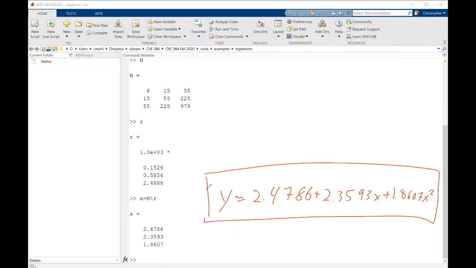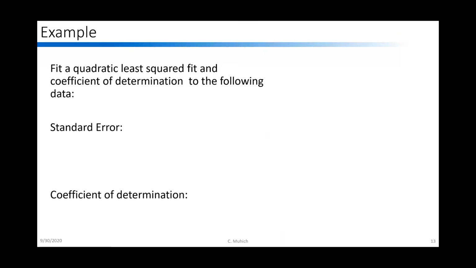Okay, let's go back to PowerPoint. We can talk about our investigation of the error. So now we're ready to look at our different values of the error. So remember our standard error, s y over x, is equal to the square root of SR over n minus m plus 1.